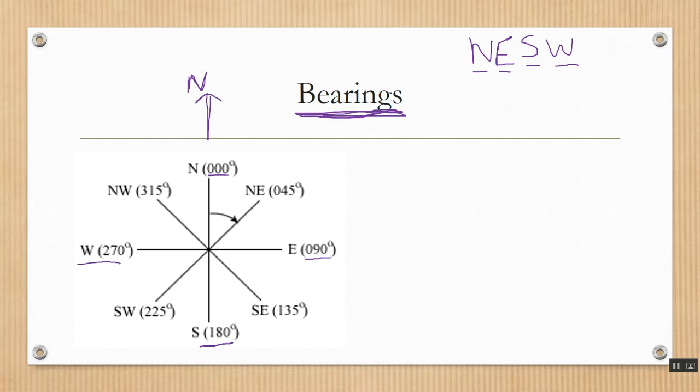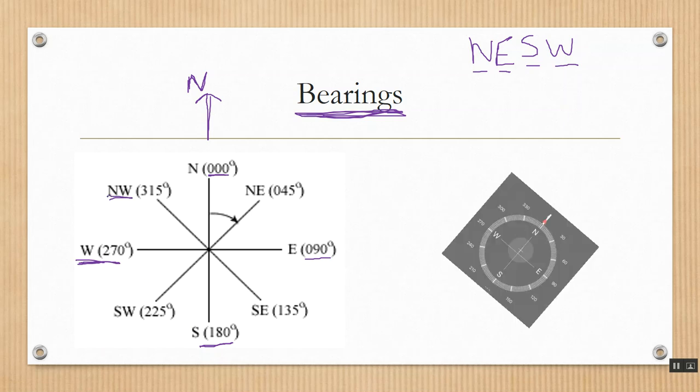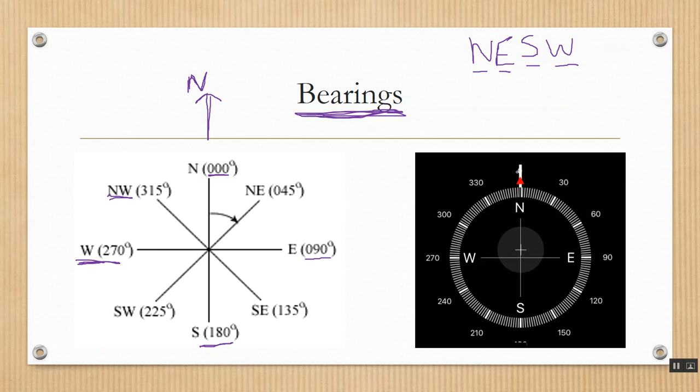West is 270 degrees. And we have 45 degrees in between. So 90 plus 45 is 135 to get northeast, southeast, southwest, and northwest. If you have an iPhone, you might be able to get this as well to see where you're going.